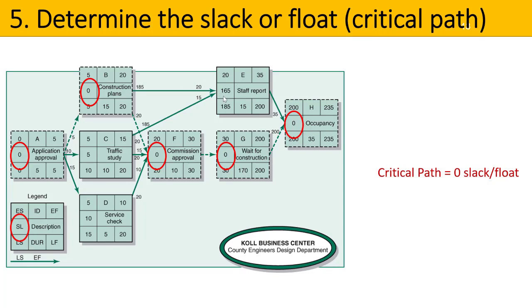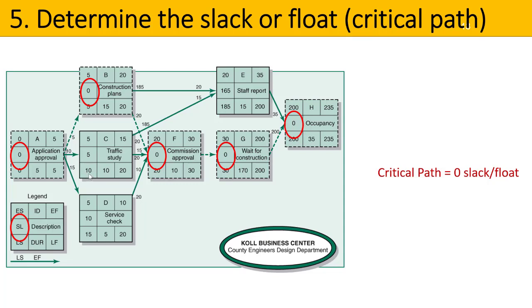So this is telling us that we have quite a little bit of decision making and quite a few options as to when we start this staff report. As long as we start it before day 185, we're safe and we won't impact the total time frame. The same here, we have a slack or a float of 5 days up our sleeves, so we can decide when in those 5 days we start the traffic study, as long as we start it no later than day 10.